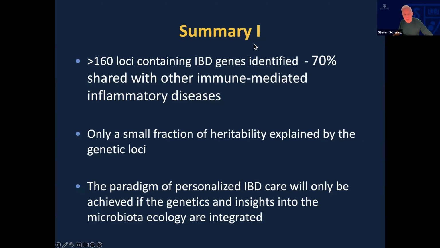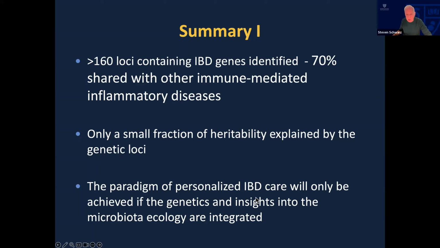So what can we summarize from today's lecture? Well, we know that there are a wide variety of loci that are associated with IBD. 70% of these are shared with other immune-mediated inflammatory diseases, but only a small fraction of heritability of disease is explained by any single genetic locus.